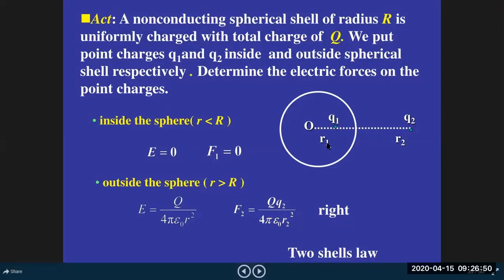Because inside the shell, electric field is 0, and wherever electric field is 0, force experienced by the point charge Q1 will be 0, because force equals Q1 into E1. So inside the shell, electric field is 0. Therefore, force acting on charge Q1 is 0.